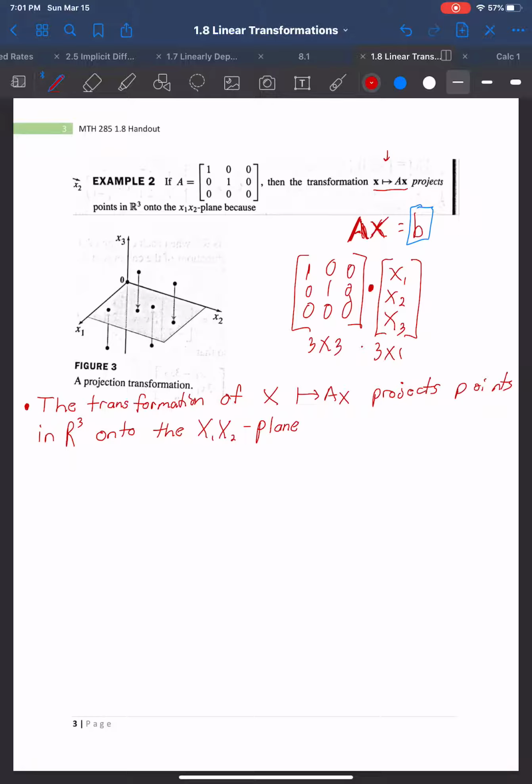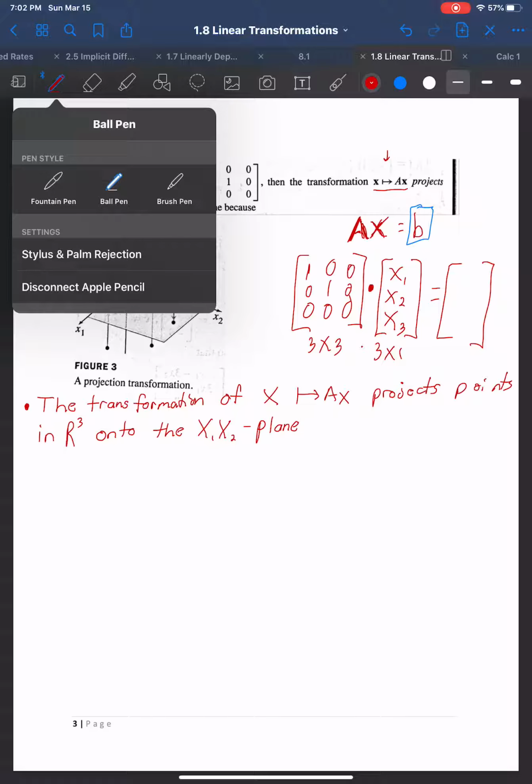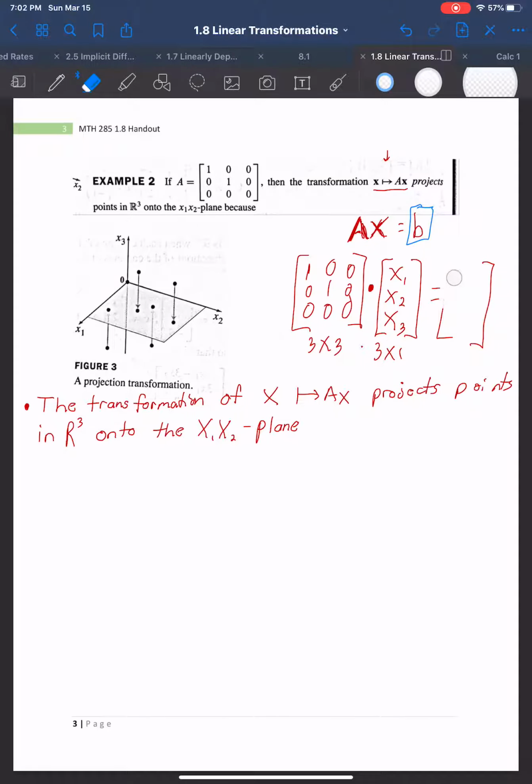Now, if you were to go through and multiply this out, it wouldn't take you very long. But what I'm going to write now is what you would expect your answer to look like, just the general form. Here it is. It would simply be x sub 1, x sub 2, 0. Now stop for just a second.